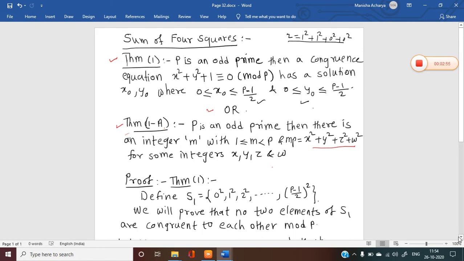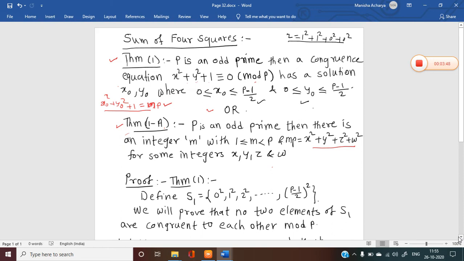Okay, so because by proving that x square plus y square plus 1 congruent to 0 modulo p has a solution, we are obviously going to get that x0 square plus y0 square plus 1 is congruent to 0 modulo p. म्हणजेच काय आपल्याला मिळणार, it is of the form p into some number, that is we are going to get it is equal to m into p. ओके, मग हे इथे आपल्याला ऑलरेडी मिळतंय. मग त्याच्या कंटिन्युएशन मध्ये आपण पुढे काय प्रूव्ह करणार, की दॅट एम सॅटिस्फाईज द कंडिशन दॅट इट इज अ पॉझिटिव्ह व्हॅल्यू विच इज ग्रेटर दॅन और इक्वल टू 1 अँड लेस दॅन पी. दॅट इज व्हॉट वी हॅव टू शो इन द थेरम 1a. त्यामुळे थेरम 1a प्रूव्ह करताना तुम्हाला हे आधी प्रूव्ह करायचं आहे, आणि मग त्याच्यानंतर तुम्हाला एमची कंडिशन प्रूव्ह करायची आहे, दॅट इज एम इज ग्रेटर दॅन और इक्वल टू 1 अँड लेस दॅन पी.